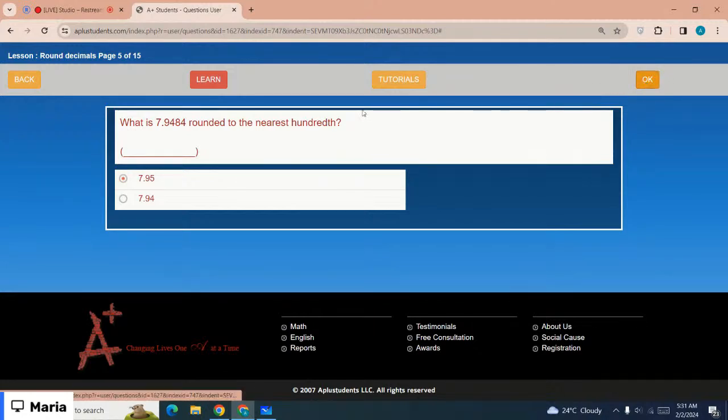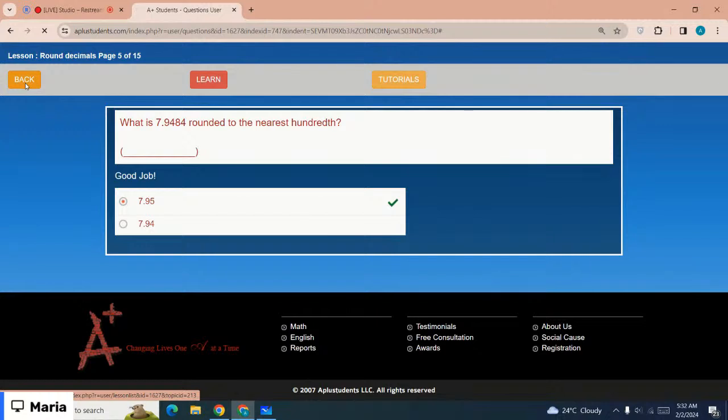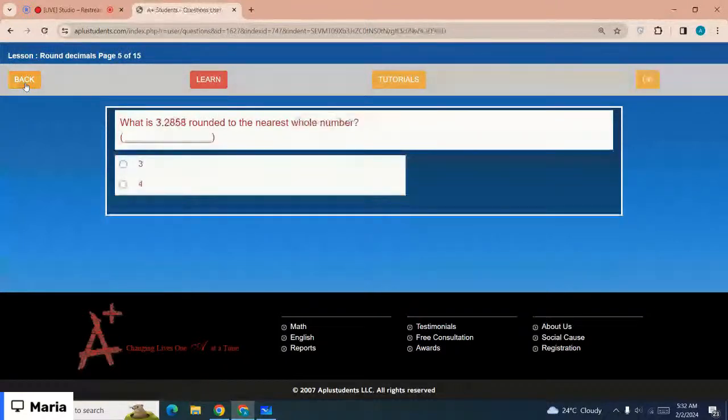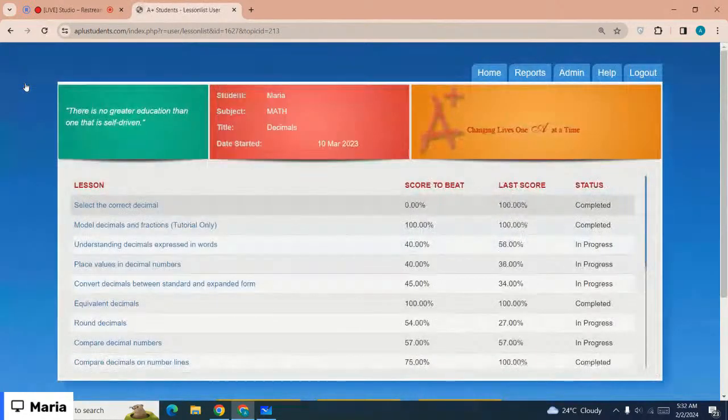Okay, you can complete the lesson by yourself later today. Let me just move on to next lesson, and the next lesson is compare decimal numbers.